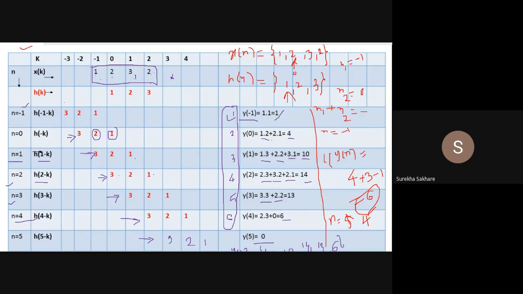Don't write the 0 value. There is no necessity. And your indication is like this. If you don't write this arrow, you will get -1 marks. Okay, so 1, 4, 10, 14, 13, 6. Length is 6. Starting is at -1. This is really very important.